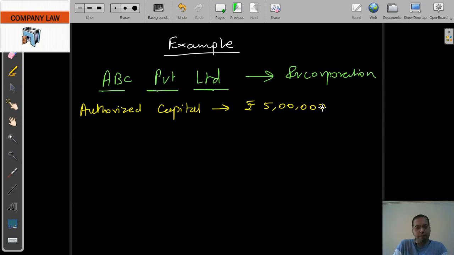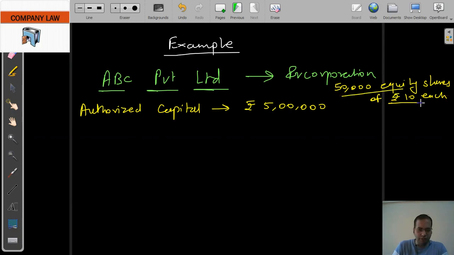We will just say that the company's authorized capital is 5 lakh divided into 50,000 equity shares of rupees 10 each. So 50,000 is the number of shares and rupees 10 each is the face value of the shares. Authorized capital is 5 lakh rupees.